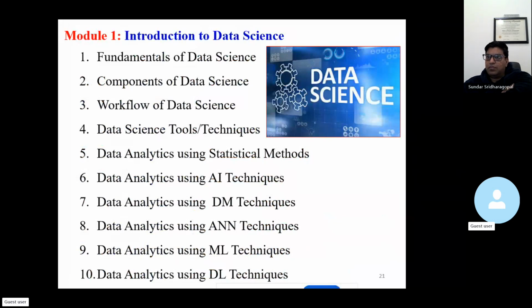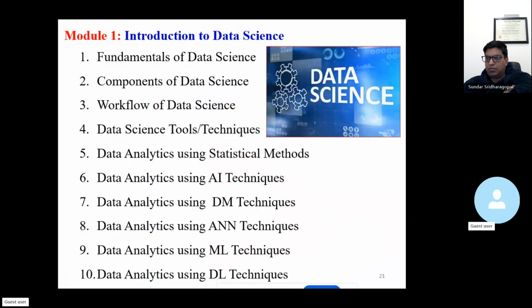Then data analytics with ANN techniques. ANN is one of the classification techniques, artificial neural networks. It is the basic concept for understanding the concepts of machine learning and deep learning.